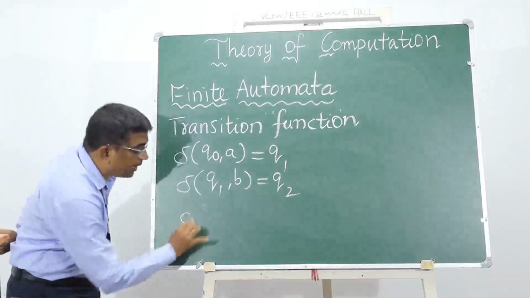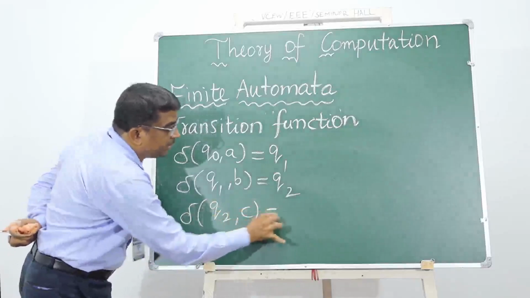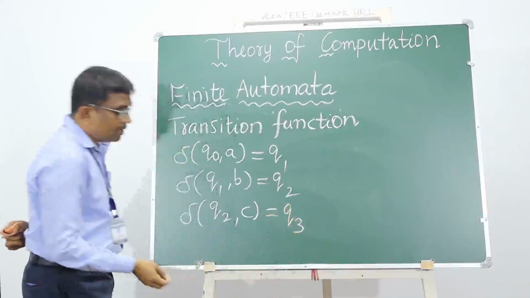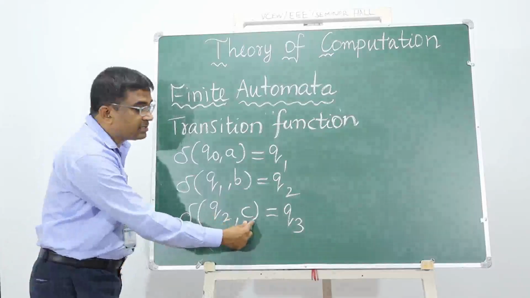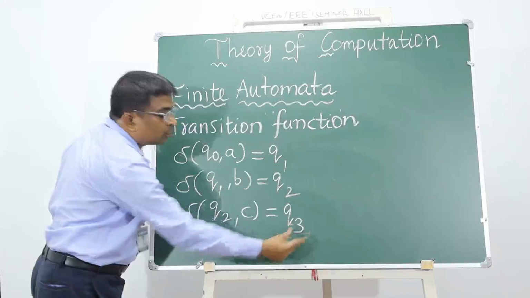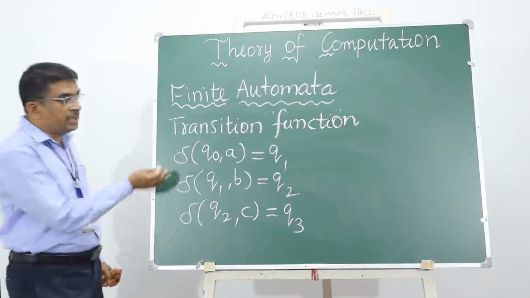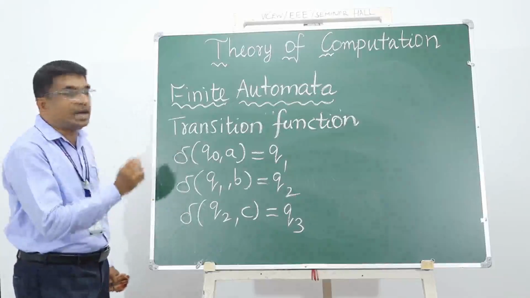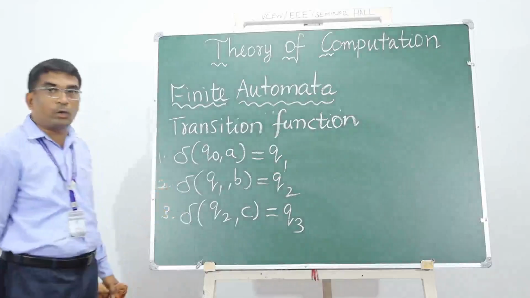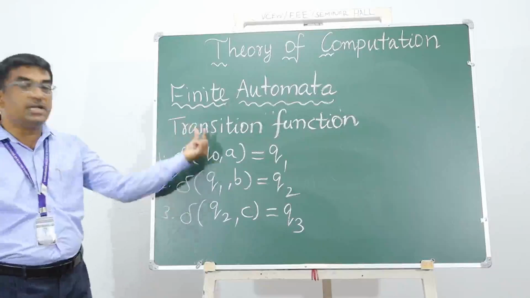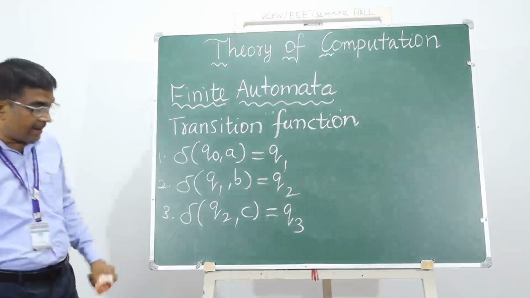I will add one more transition function, delta of q2 comma c equal to q3. The input state is q2, which reads the input symbol c, and q3 is the output state of this transition. So this is one example with three transition functions: the first, second and third.